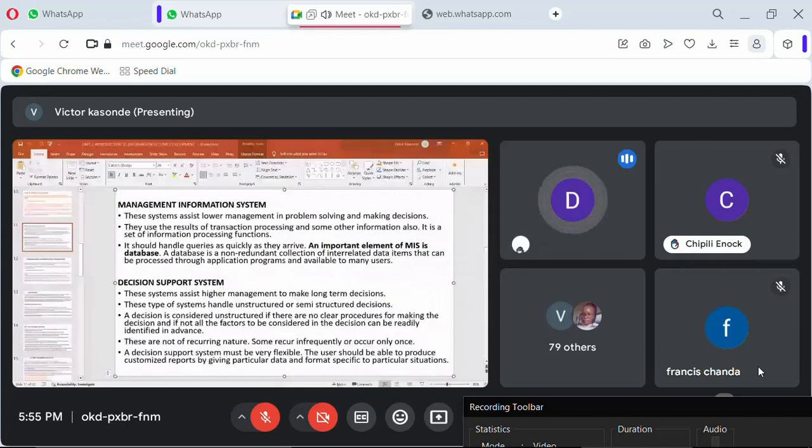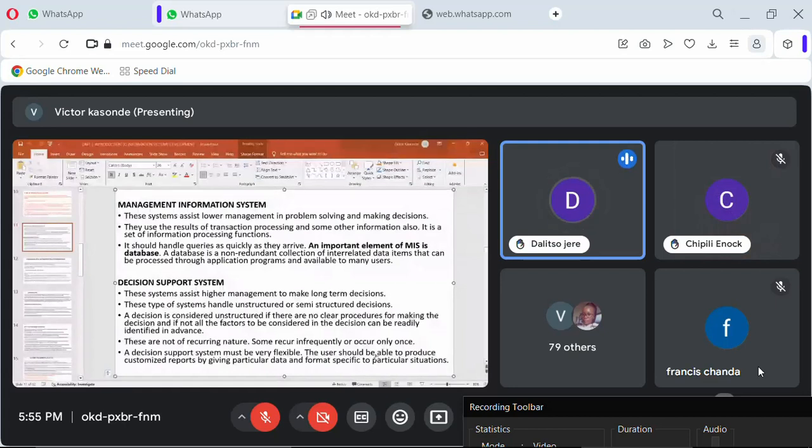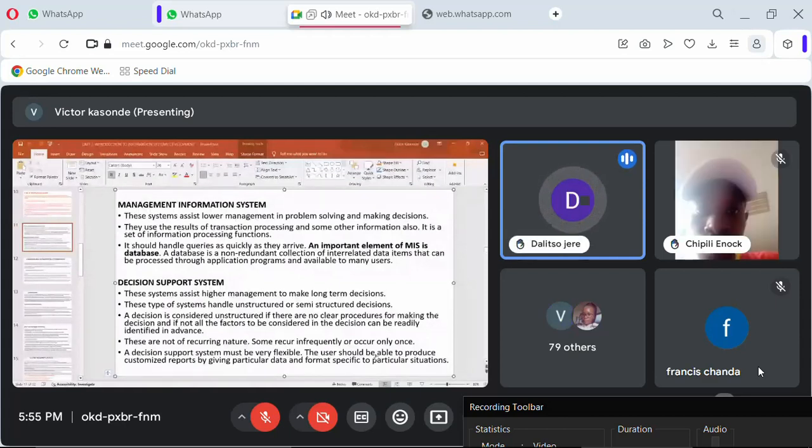Sir, I just wanted to find out. So this management information system makes decisions based on the information collected by the lower management? Yes, from TPS. Oh, okay, sir. So what if the information collected by the lower management is not accurate?